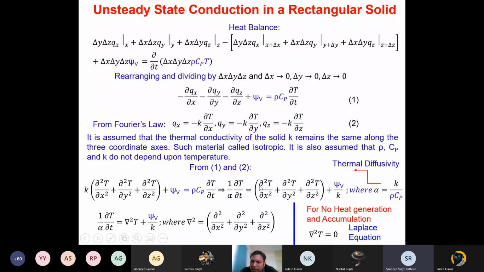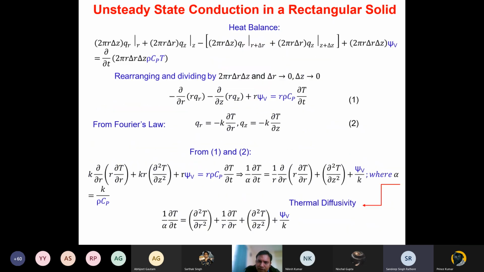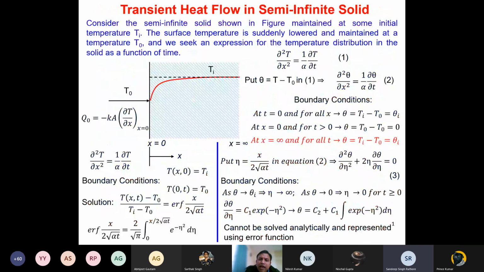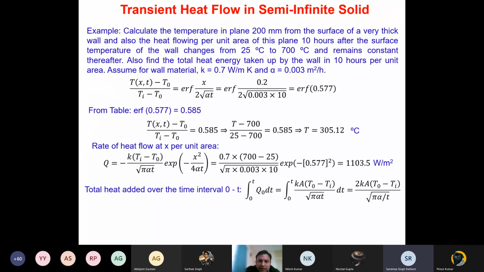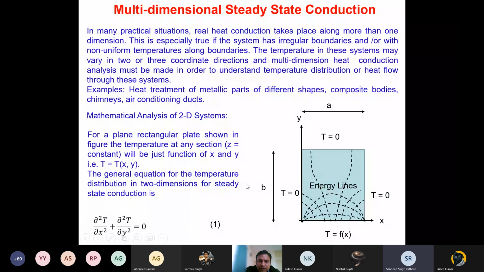My Laplace equation gets simplified as ∂²T/∂x² plus ∂²T/∂y² equals 0, isn't it? Do you all agree? Yes, sir. So this is what I have used here, directly a Laplace equation for two-dimensional heat transfer.